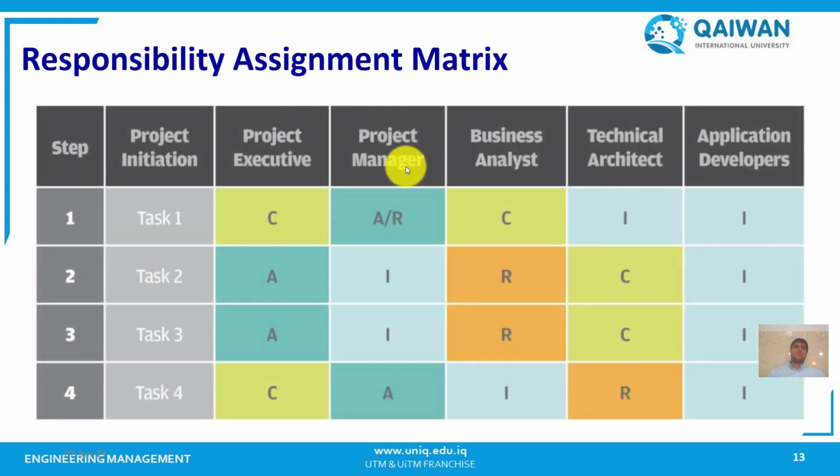Responsibility assignment matrix, also known as RACI matrix. It is a chart or table that defines and communicates the roles and responsibilities of individuals or groups within a project or process.